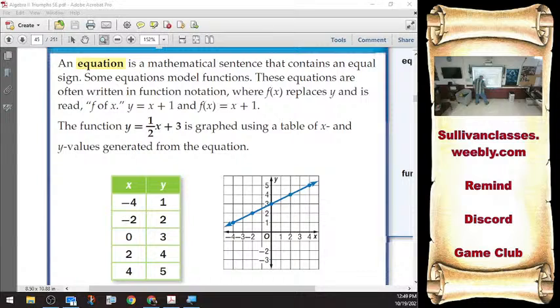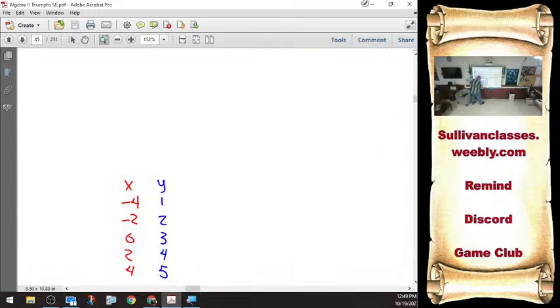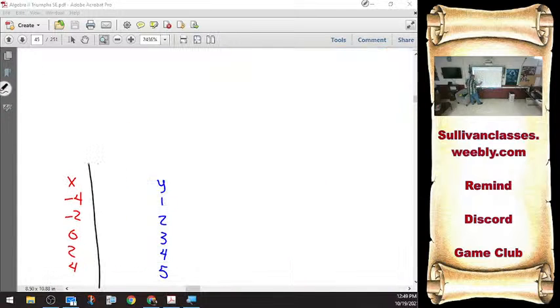Pretty simple. I got to do some scratch work on the side. You probably remember seeing this instead of this table. How about like this? That look familiar?